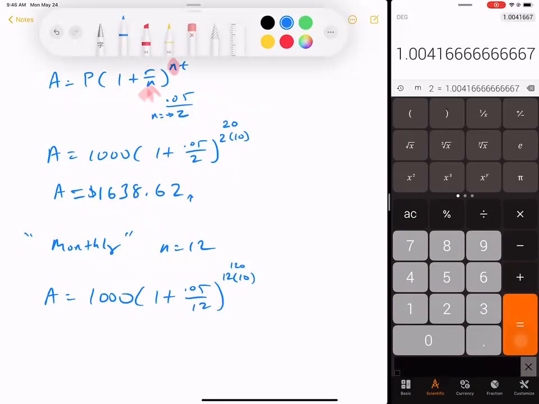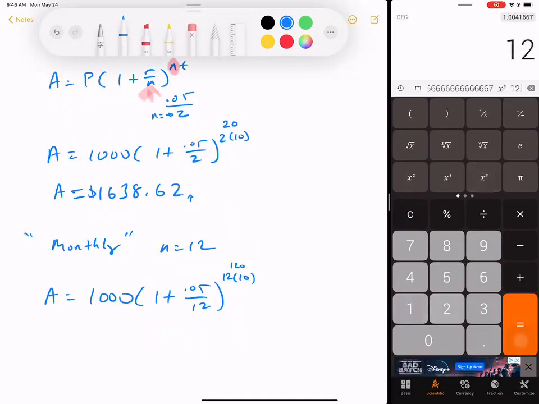As you can see, before it was like 1.025. Now it's 1.0041 because I'm paying you more often. That means your interest is less every month. We're going to take this to the 120 power because I pay you 120 times over 10 years. And then we multiply this by 1,000. So we end up with 1647.01.